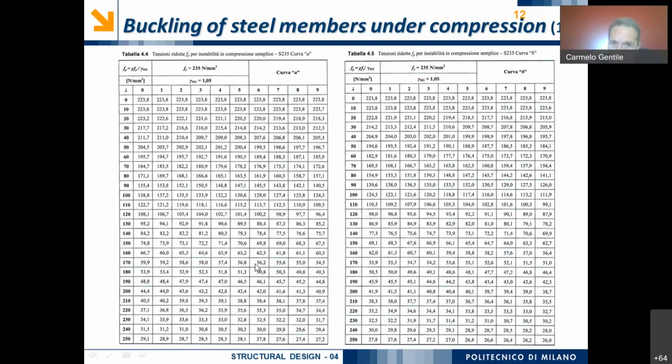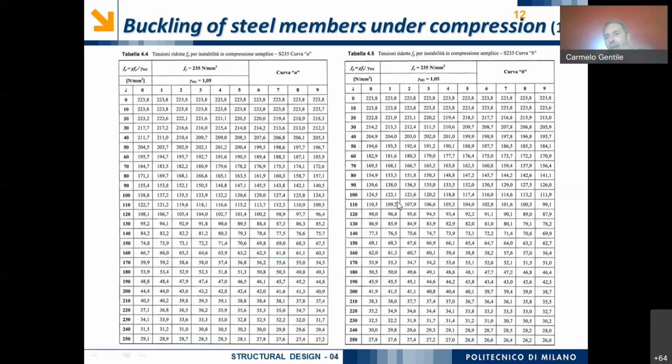So the critical load now is 56.2 Newton per square millimeter. The steel is again the same. So the yielding stress of the steel is 235, but I obtain a critical load that is lower than 1/4 of the maximum yielding value of the stress, because it is equal to 56.2.